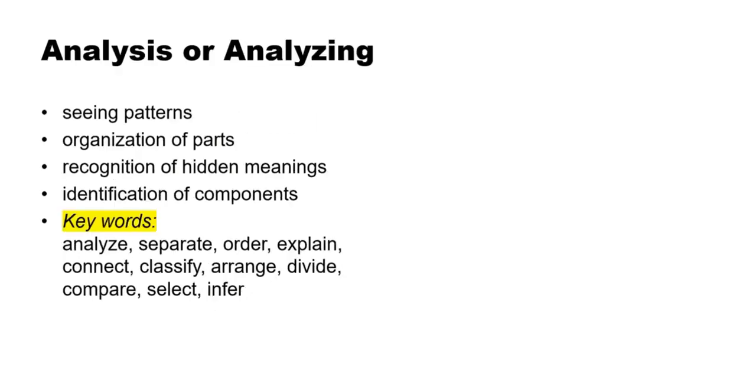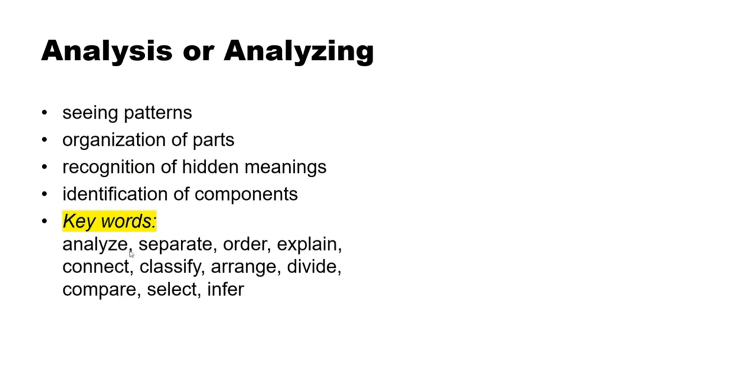This slide is about analysis, or the analyzing concept, which relates to looking over the information as a whole, seeing the different kinds of patterns in the information, identifying or organizing the different parts, and understanding the hidden meaning in the information. The keywords are analyze, separate, order, explain, and so on.